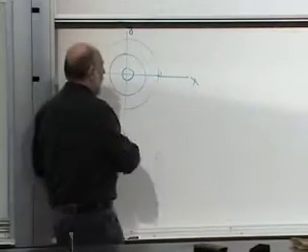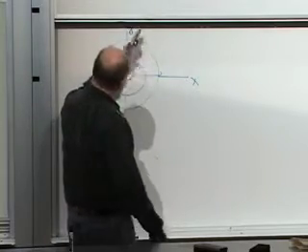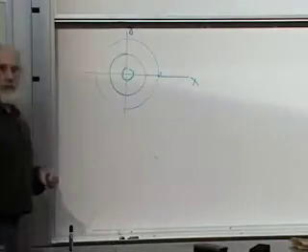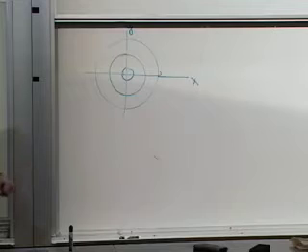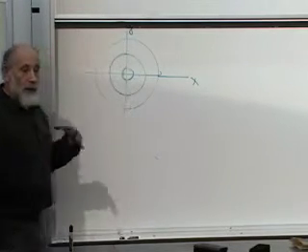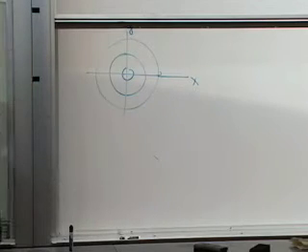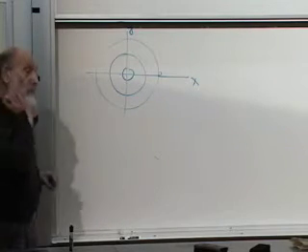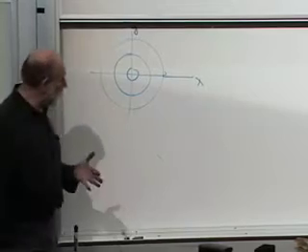What is the coordinate transformation from x and y to polar coordinates? That's the relationship, in fact, between the accelerated reference frame and the ordinary reference frame. The ordinary reference frame is like x and y, and the accelerated reference frame is more like polar coordinates.